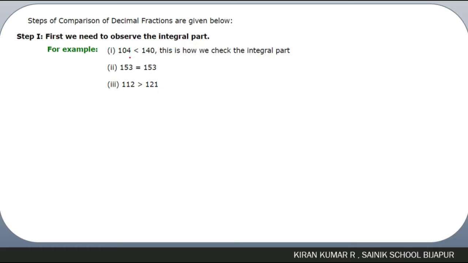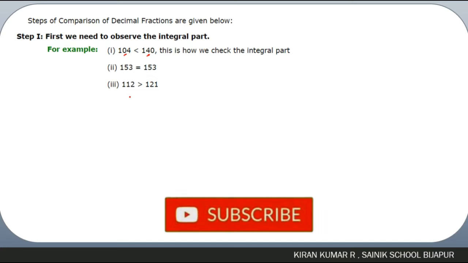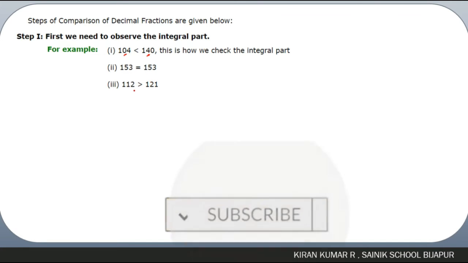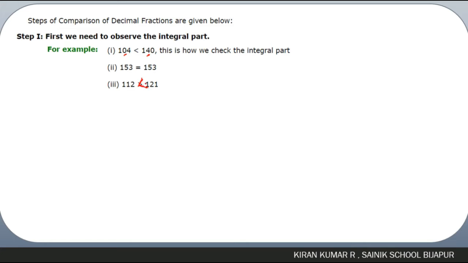Here 104, 0 and 4, look at the tens place. Here 4 is larger compared to 0. When we have the numbers 153 and 153, they are equal numbers. When we have the numbers 112 and 121, 112 is smaller compared to 121. We have to look at the tens place.